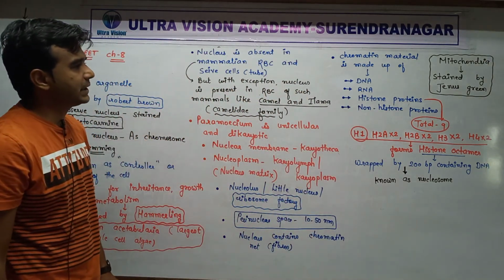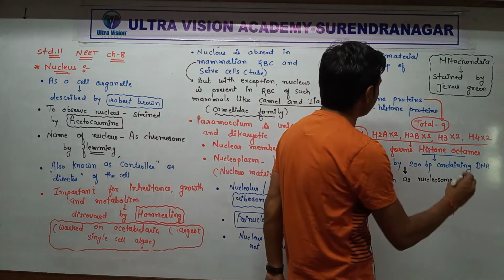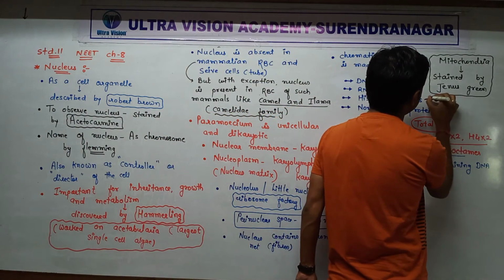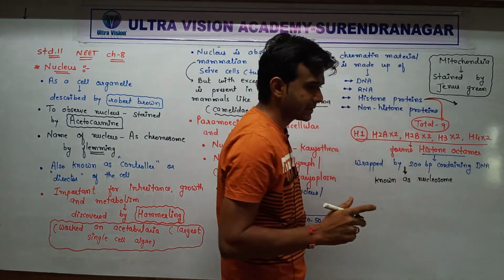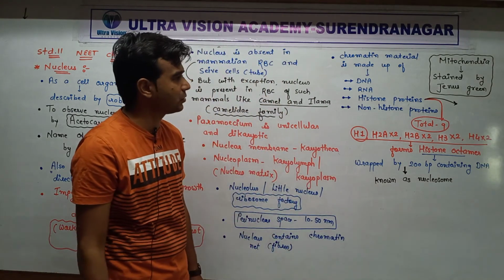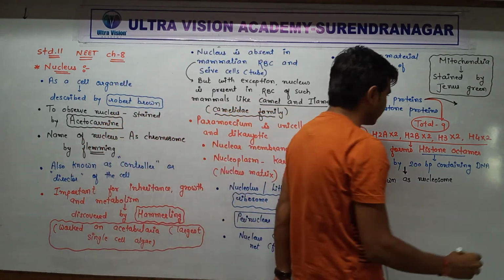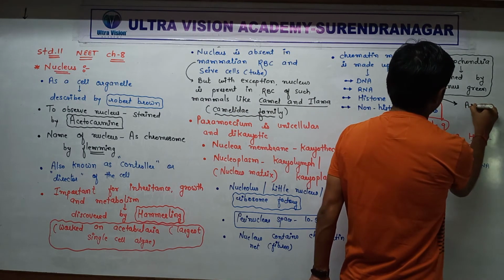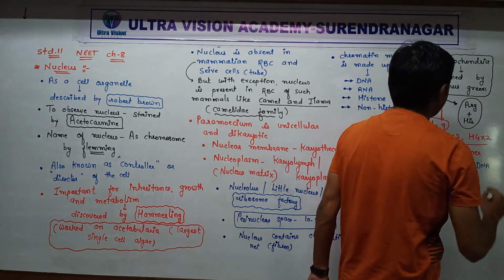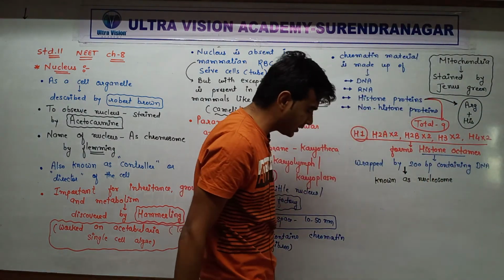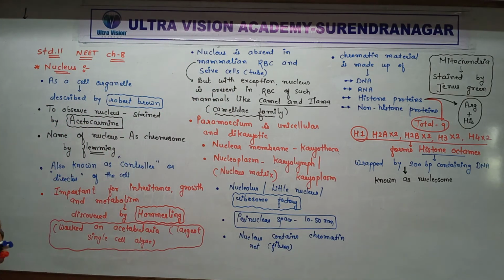And in histone protein as well as non-histone protein molecules, two amino acids are present in the most abundant amount, arginine and lysine. In both the histone and non-histone protein, arginine and lysine are present in the most abundant amount.